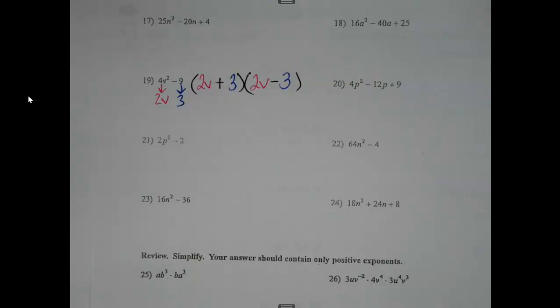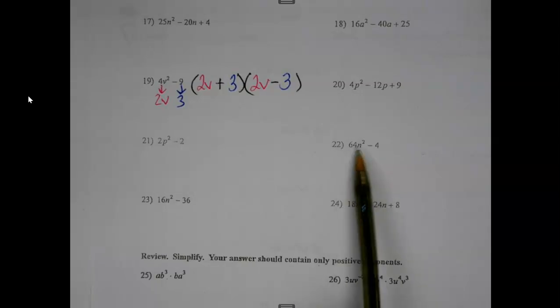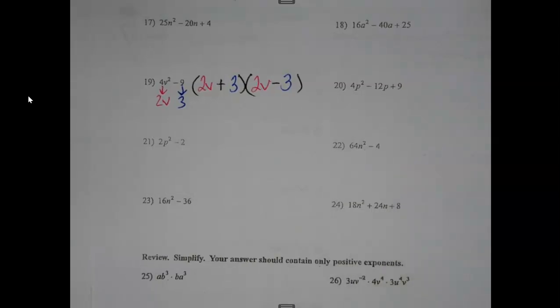When we were chatting Friday, we said the first rule always is, is there something all your terms have in common? Here's why I ask. Number 22, you're like, Hardy, they're both perfect squares. Let's go. Hang on. Does anything divide into both 4 and 64?